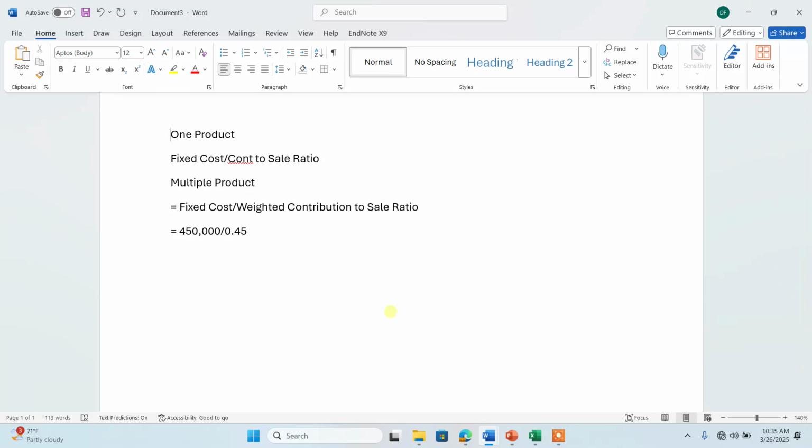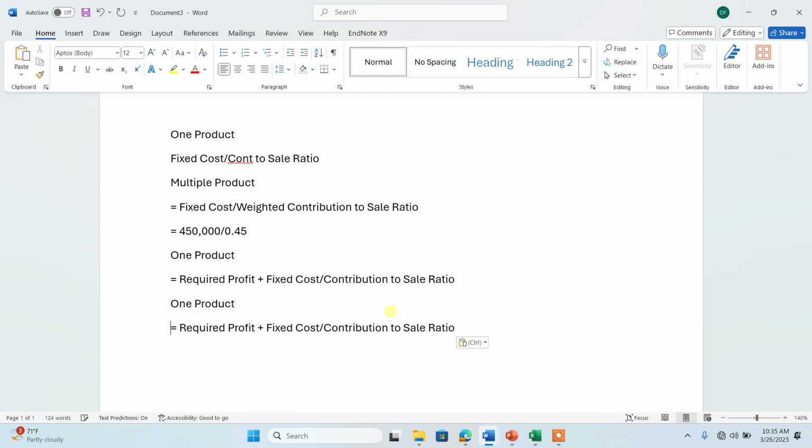If you remember, for one product the formula was the desired profit plus the fixed cost, divided by the contribution to sales ratio. For multiple products, we have the same concept: the required profit plus the fixed cost, but this time divided by the weighted average contribution to sales ratio.